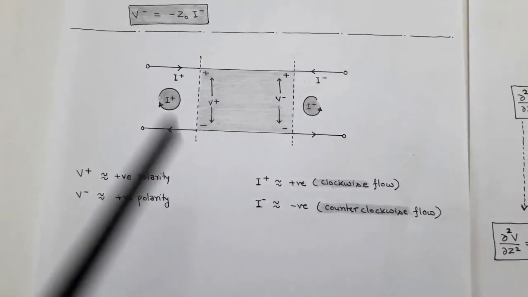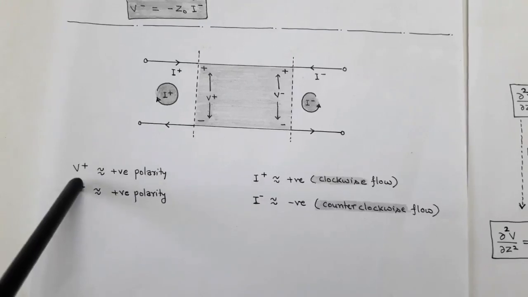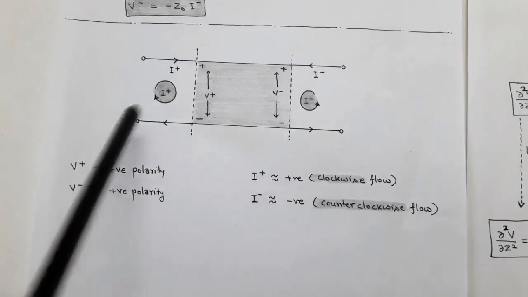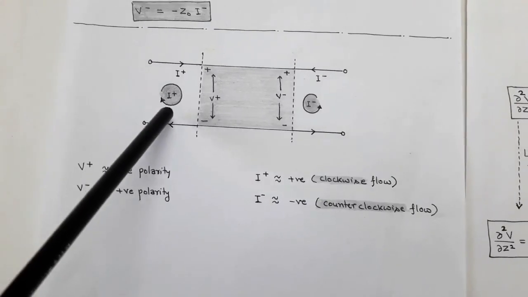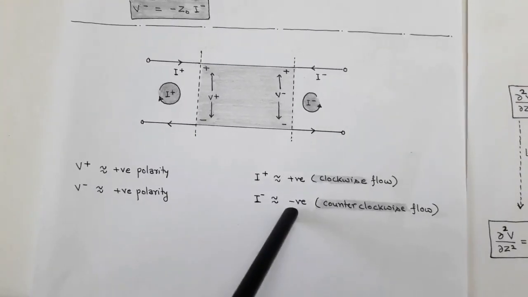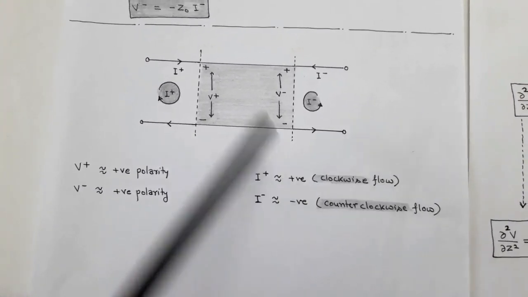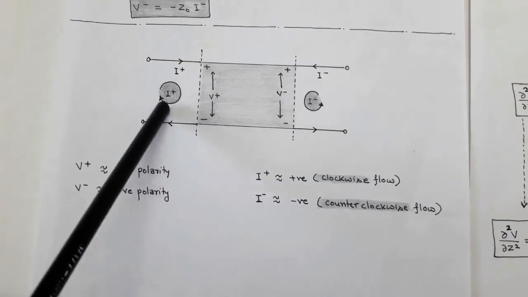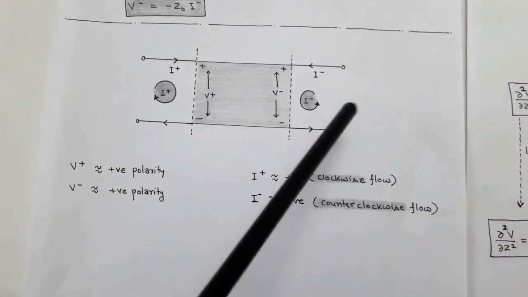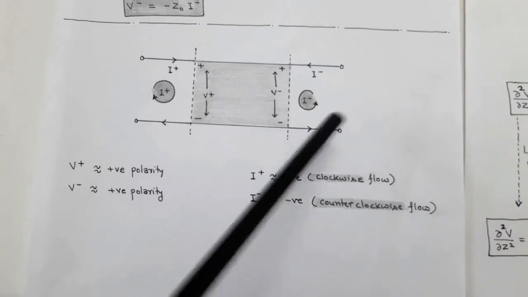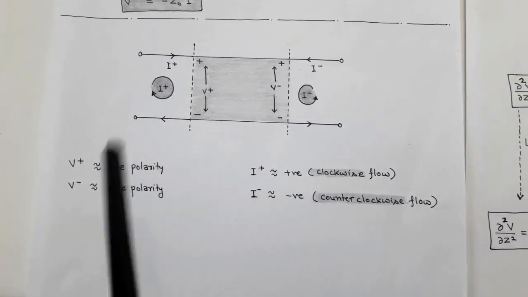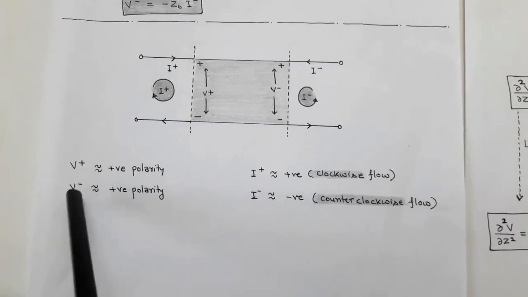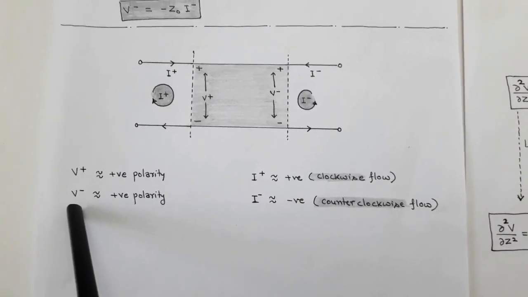Here we take V plus and V minus having positive polarity, and I plus having a positive value, but I minus having a negative value. So we represent current I plus in clockwise direction and I minus in counterclockwise direction. The forward voltage and backward voltage have a positive polarity.